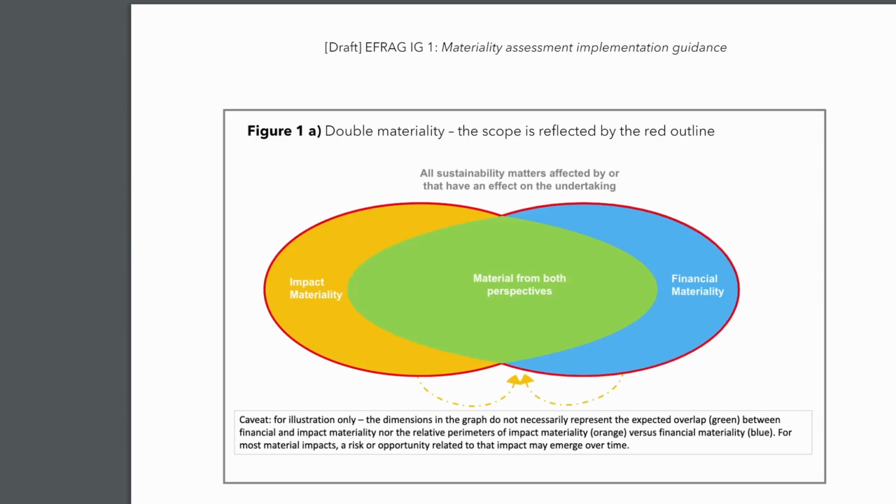This is not a two-dimensional layout where you can place matters inside these three categories, and their placement within those categories in a two-dimensional sense makes any sense at all. You cannot have something that is more impact material than something else, or that is less financially material than something else, certainly not at the topic level.